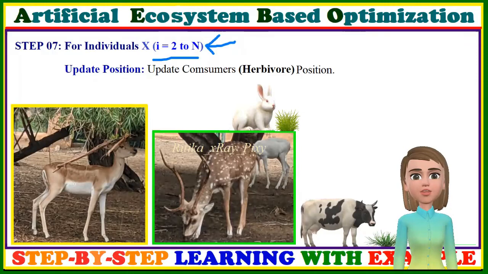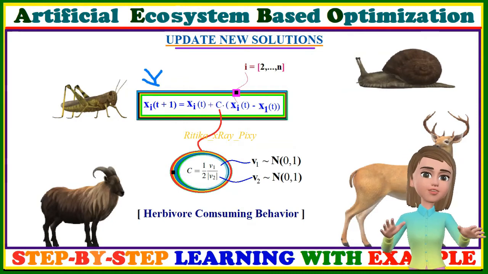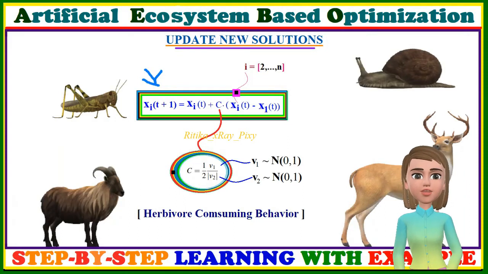Here first we have herbivores in the population, and this is the mathematical model for how we can update the herbivore position in the search space. Here C is the Levy flight, that is the random walk done by the individual in the search space.